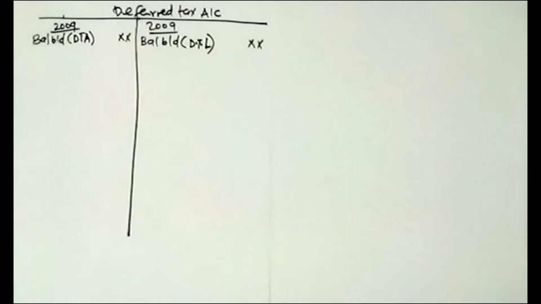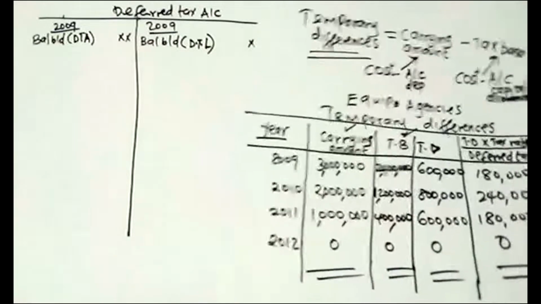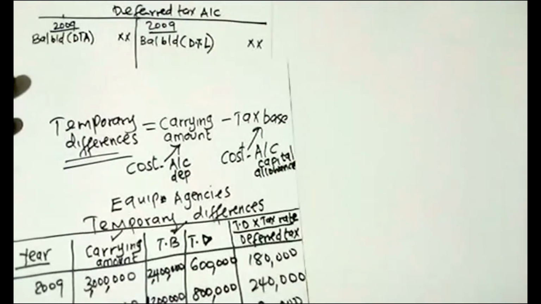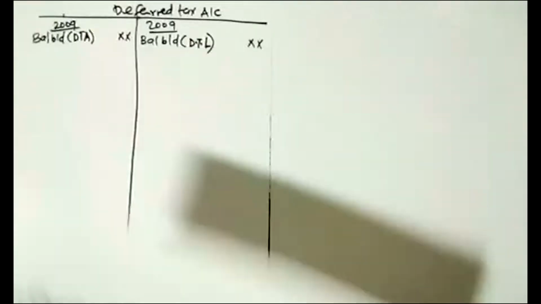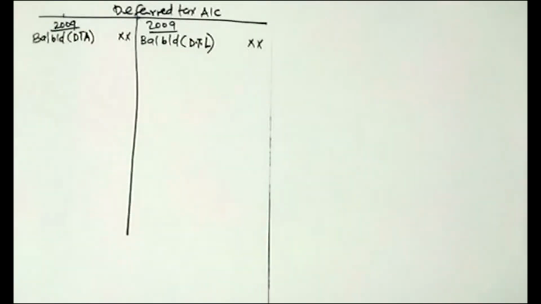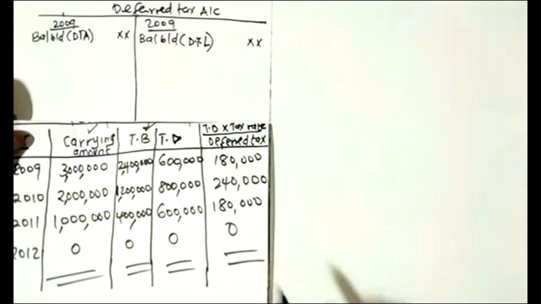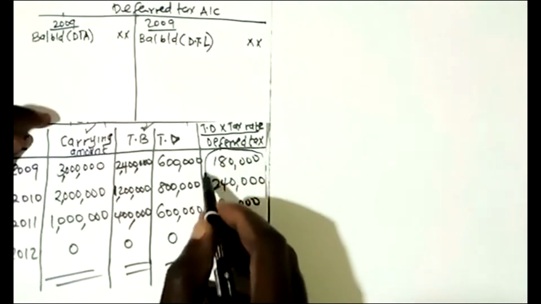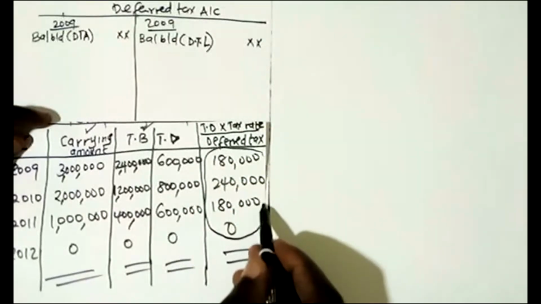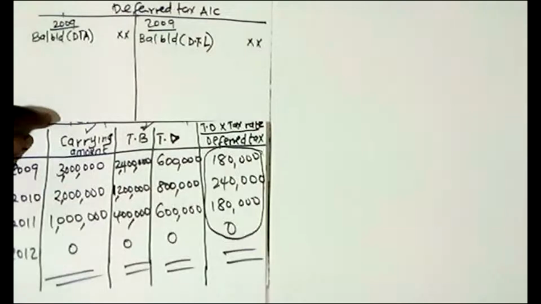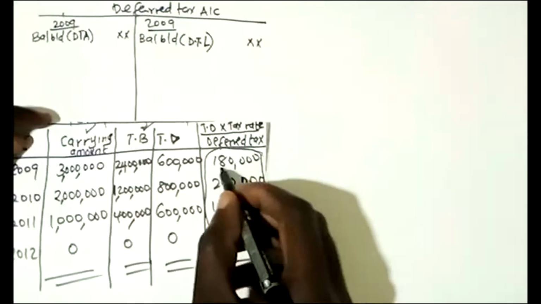So now we check a provision which was made in 209. The provision which was made in 209 for deferred tax is this one we did here. That is why I did this last column. I want to display something here. So the first provision was this.